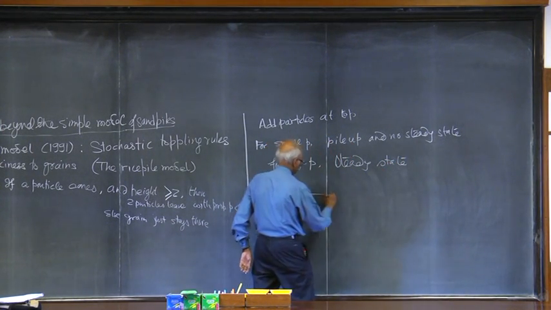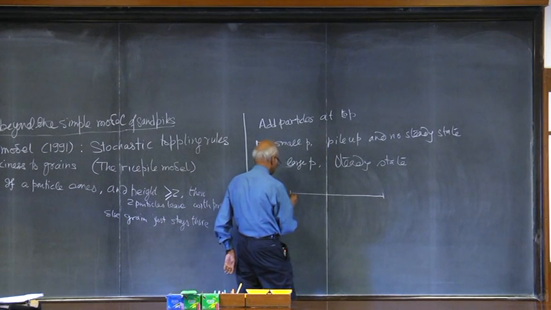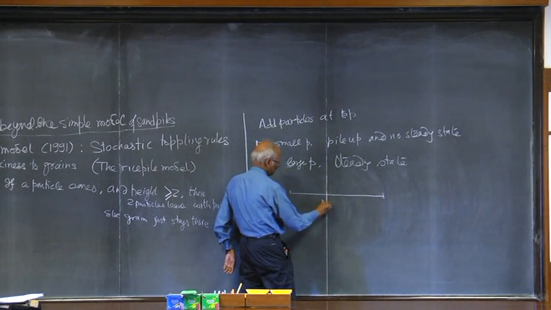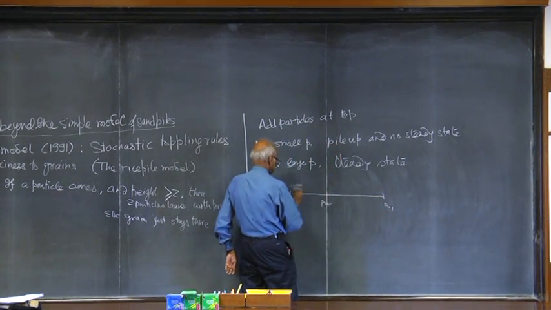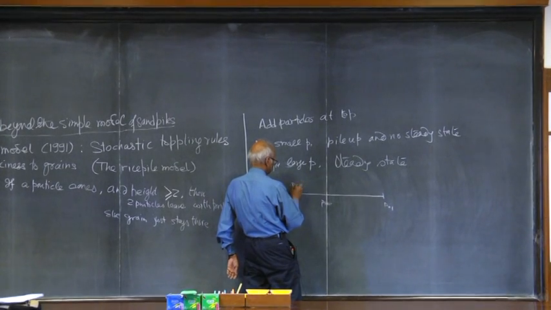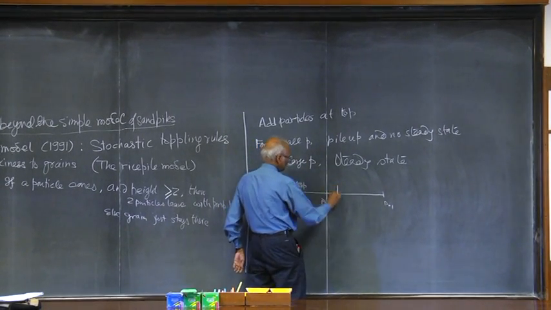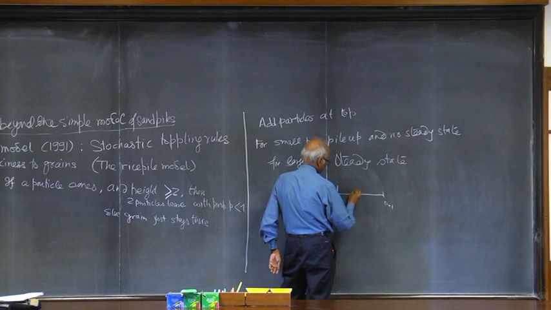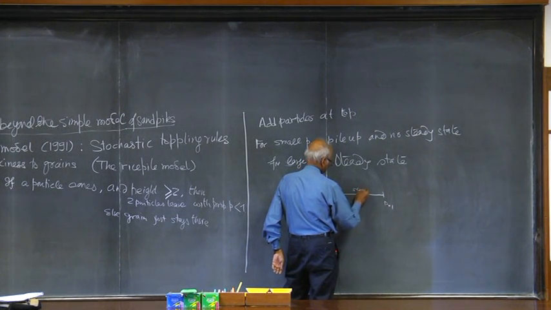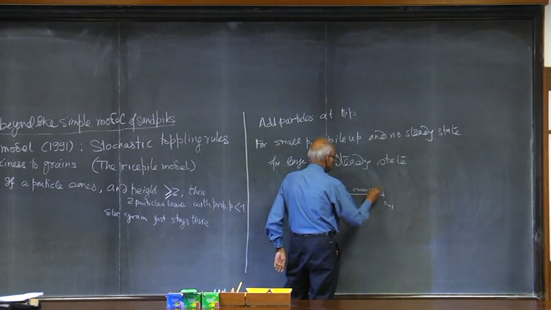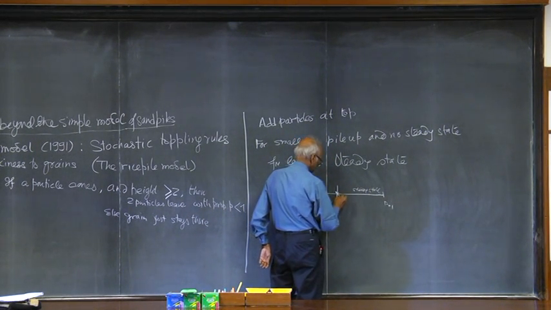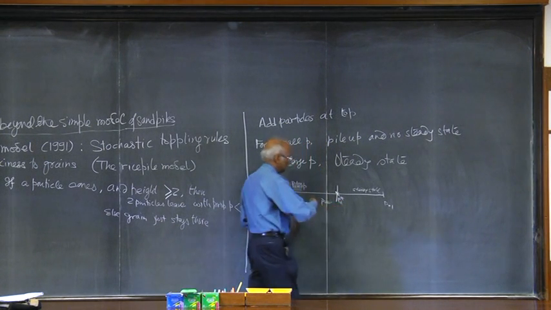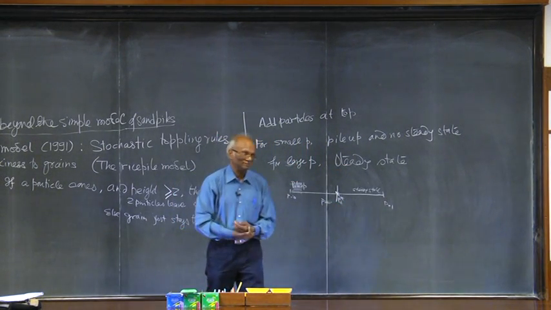So, here is my system, this is probability p equal to 0, p equal to 1. In this region there is pile up and there is no steady state, somewhere here there is a steady state and there is a p star, which is the critical probability above which you can get a steady state.